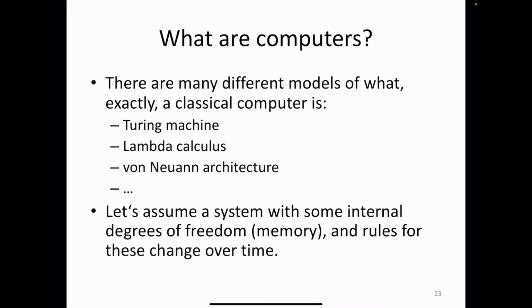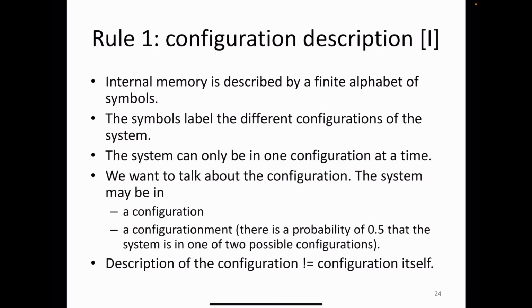So what are computers? You may have heard about some of these different ways of implementing a computing model, such as a Turing machine, lambda calculus, von Neumann architecture. Let's assume it's just a system with some internal degrees of freedom, the memory, and rules for how these change over time. So for the first one, the configuration description.